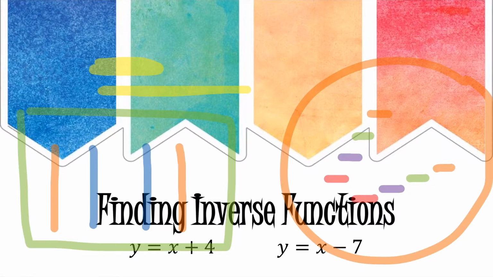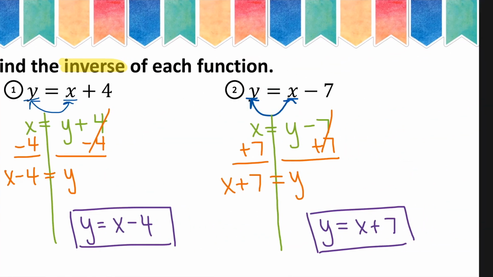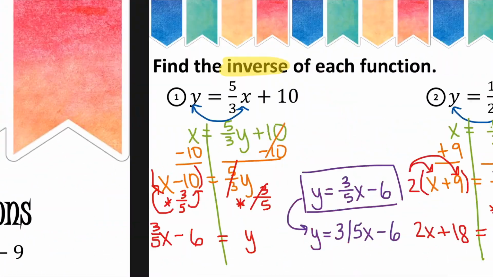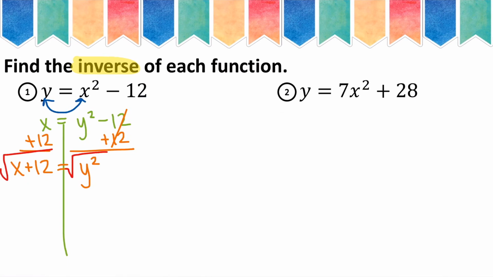So I will square root both sides of my equation. Square root and square will cancel. The y will come down. And on the left-hand side, it looks a little strange, but I will write square root of x plus 12.